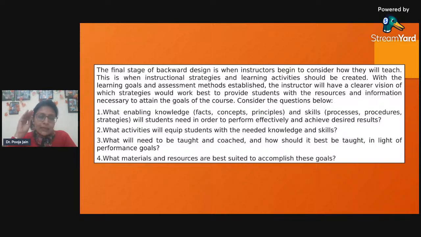Per class, I identify 3 to 4 learning objectives and 2 learning outcomes, and a performance task for the entire unit. And per lesson, I have at least one activity, one instruction strategy that is collaborative, student-centered and student-focused, where student engagement and involvement is more than my lecturing and presentation.